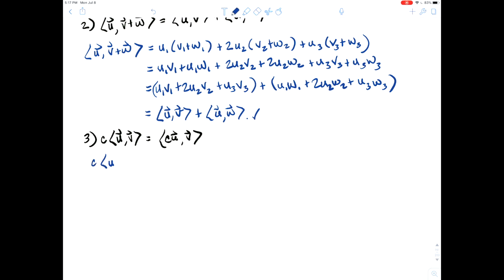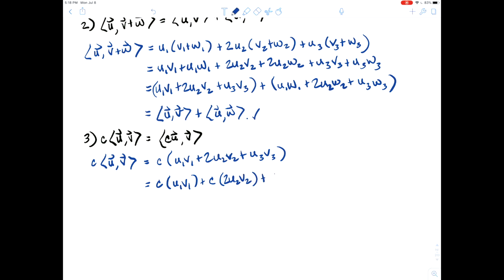C times the inner product of u and v is equal to C times u1v1 plus 2u2v2 plus u3v3. The real numbers are distributive, right? So this will be C times quantity u1v1 plus C times the quantity 2u2v2, and then plus C times the quantity u3v3.